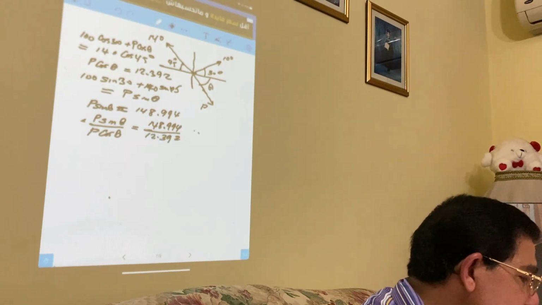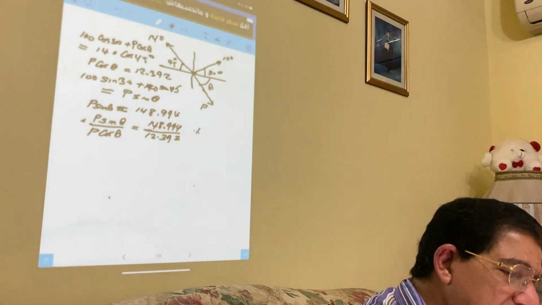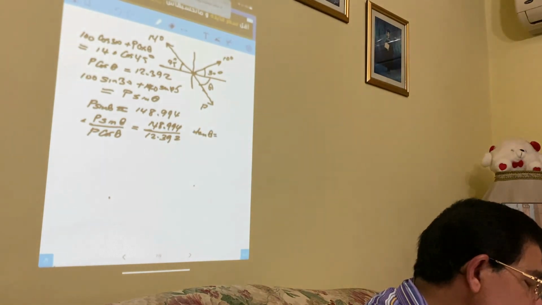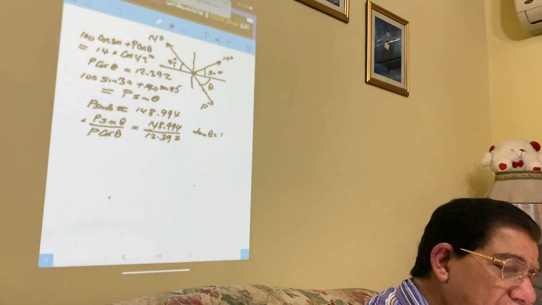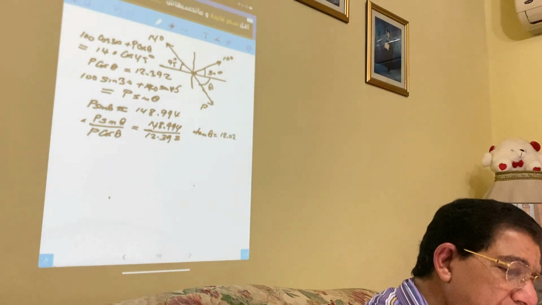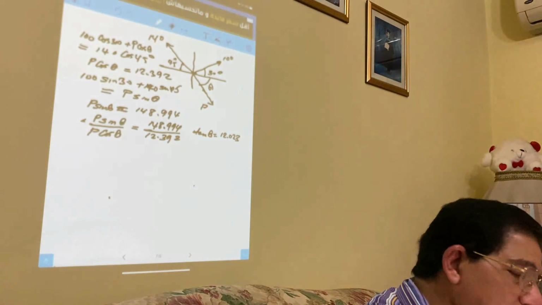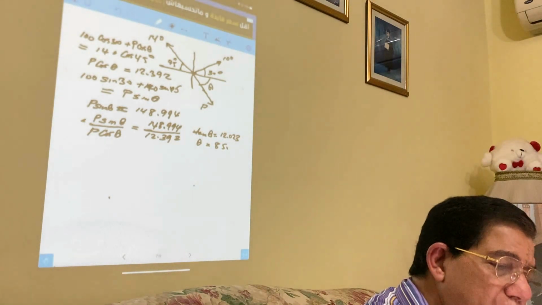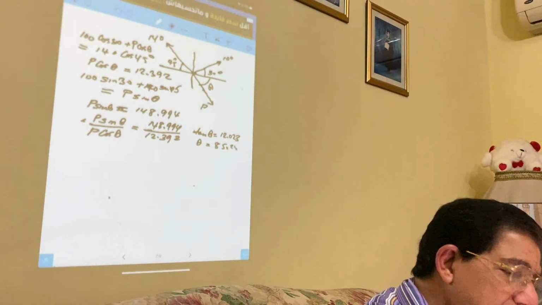We get from this that tan theta equal 12.023, from which we get the angle theta is 85.245.